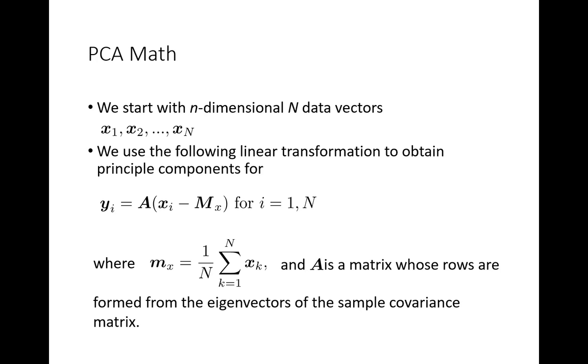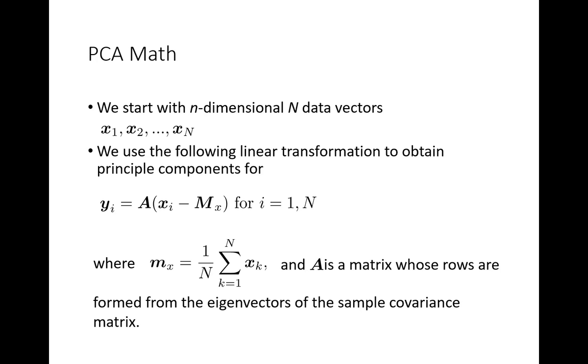What is m sub x? m sub x is nothing but the mean of the data vectors. All right. And A is a matrix that we use in the transformation to get the principal components. The matrix A is formed using rows that come out as eigenvectors of the sample covariance matrix.